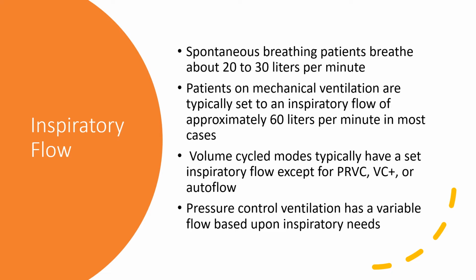With volume cycle ventilation, like assist control or SIMV, you need to set an inspiratory flow to approximately 60 liters, and I'm talking about adults here. And if you happen to use these specialty modes, PRVC, VC+, or AutoFlow, you don't have to set your inspiratory flow because, again, it's pretty close to pressure control ventilation. The inspiratory flow is based on demand. So these are your basic settings for inspiratory flow.